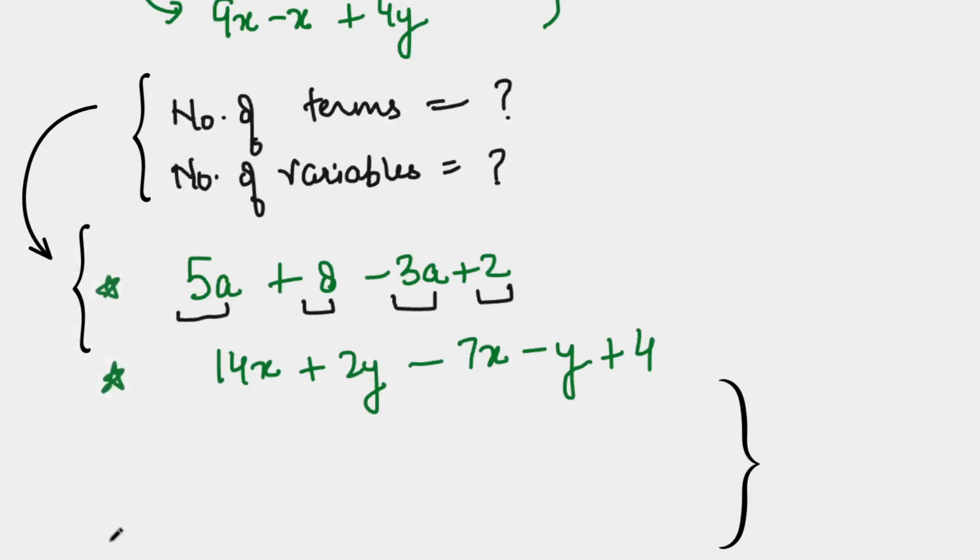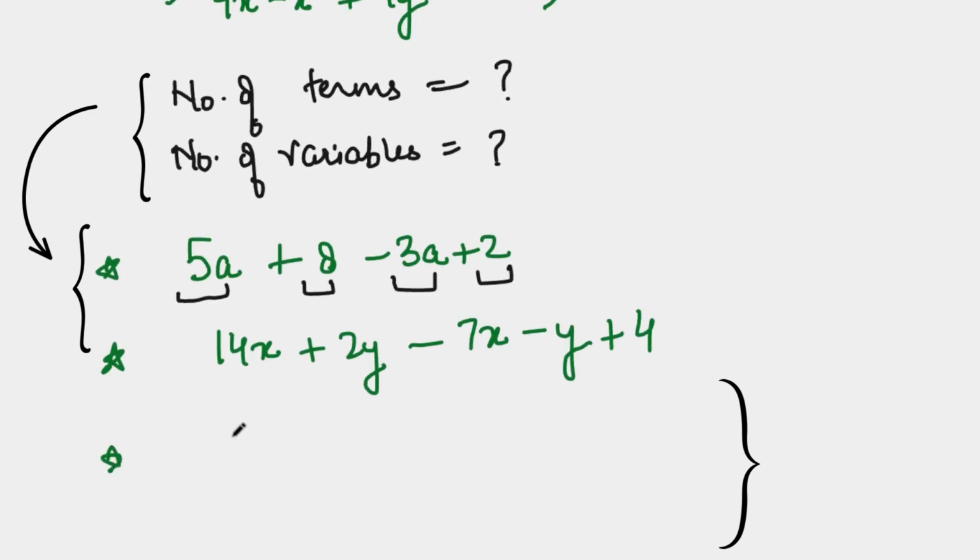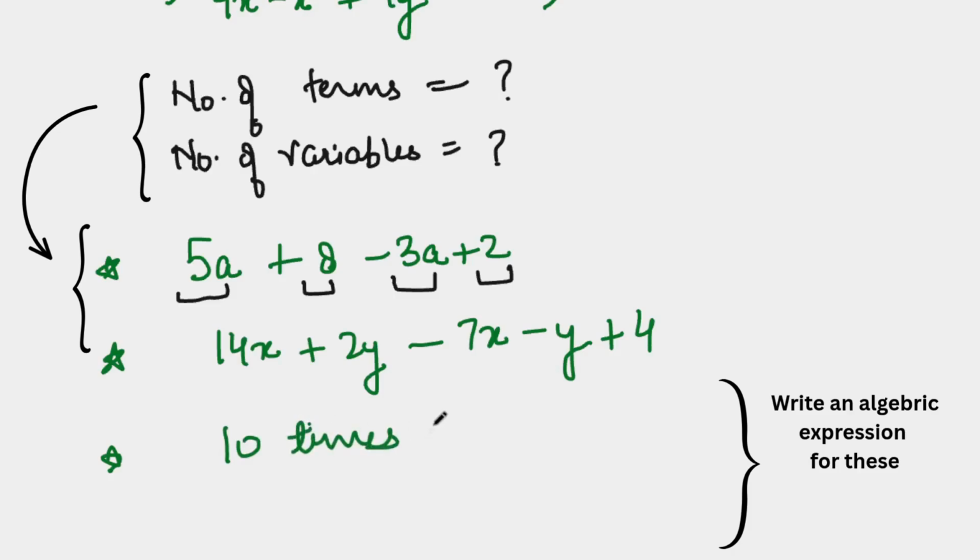And I also want you to write some algebraic expressions. Okay. Algebraic expression you can write for 10 times a number. Number I am not telling you. You don't know the number. And you have to assume and then write an expression. 10 times a number.